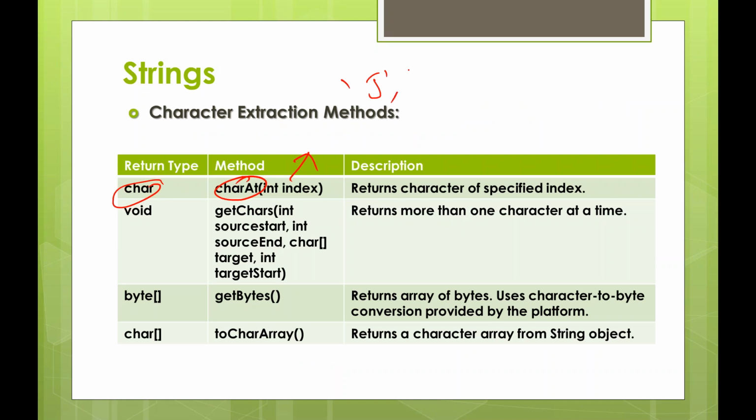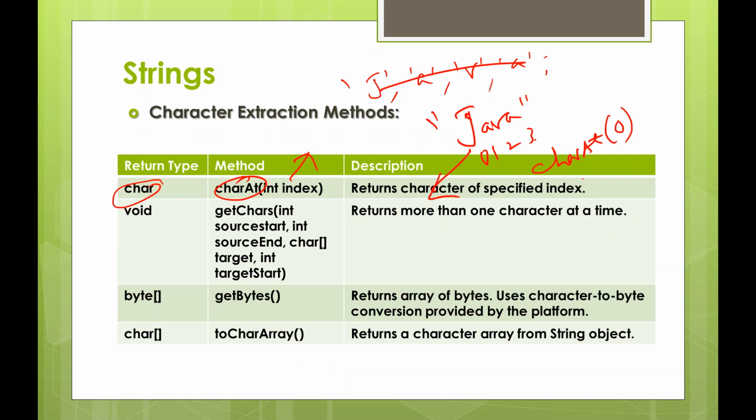Say for example you have the string Java, with indexes 0, 1, 2, 3. charAt(0) will return J, 1 will return the next character, and 3 the last one. If you try to access index 4, it will throw an index out of bounds exception.